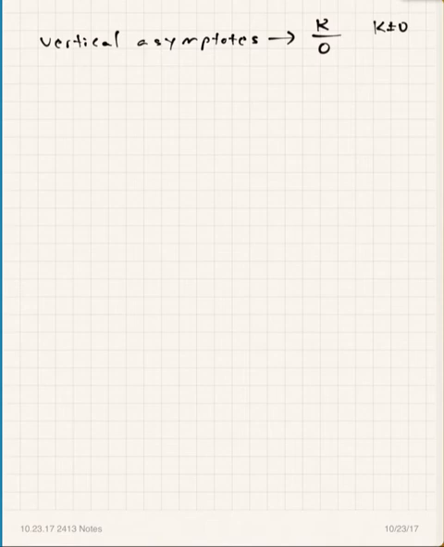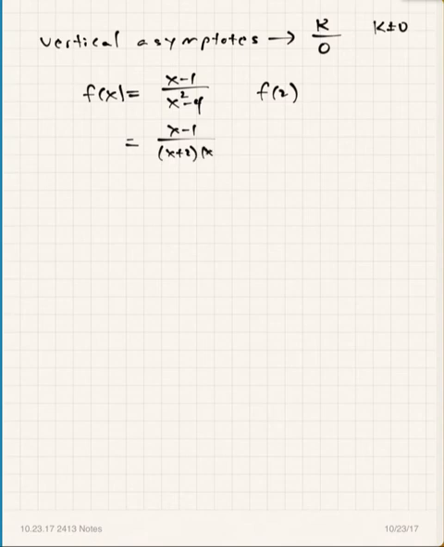So as an example, if you have f of x equals x minus 1 over x squared minus 4. What do we see here? Certainly you could factor the denominator, x plus 2 times x minus 2. And what happens? F of 2 is equal to 1 over 0, right?